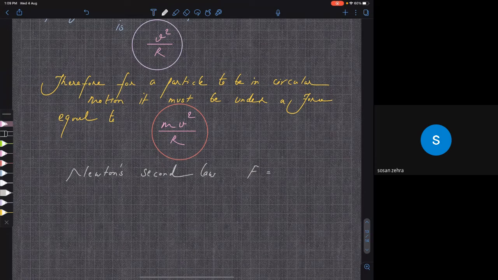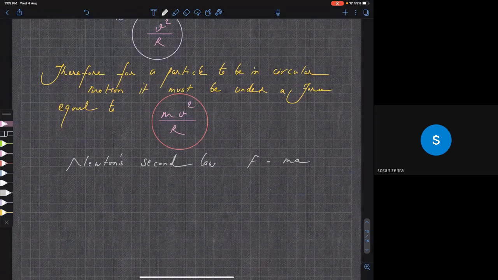F equals ma. So if something has acceleration a, then the force acting on that particle is ma. So if m is the mass of the particle and its acceleration is v square by r, the force acting on it must be mv square by r. This is also called centripetal force.